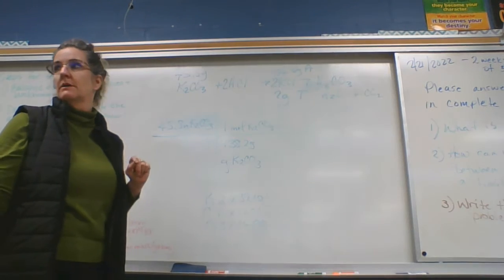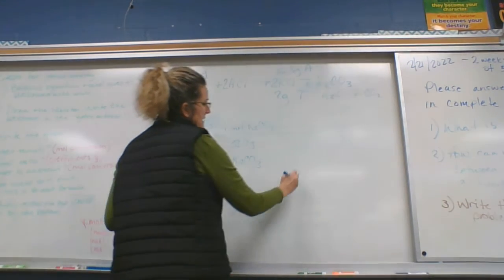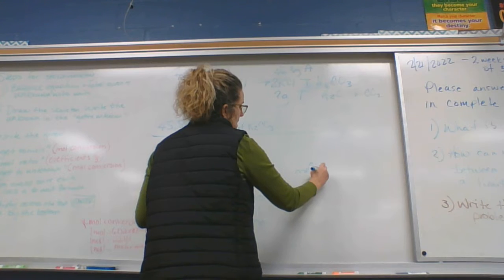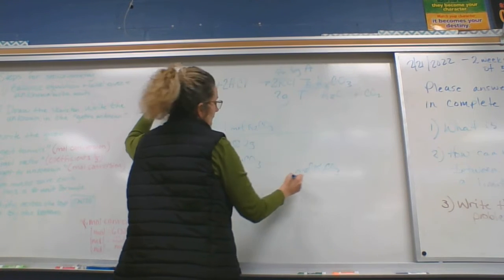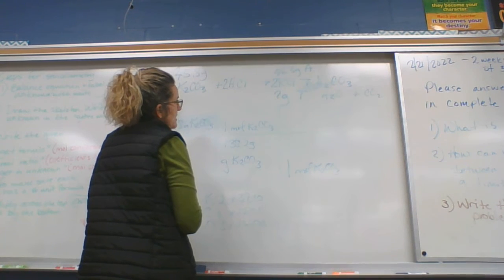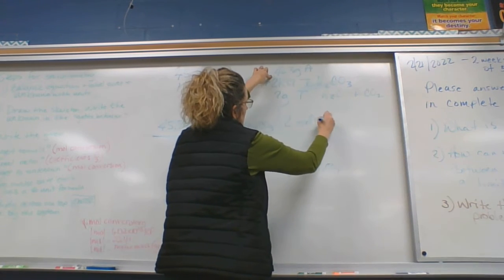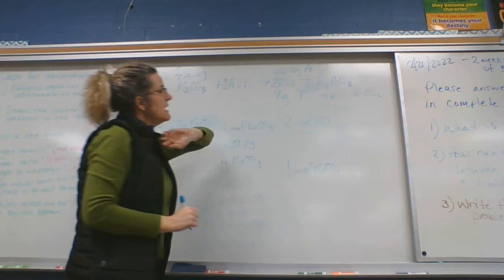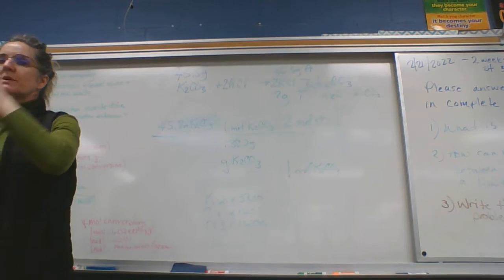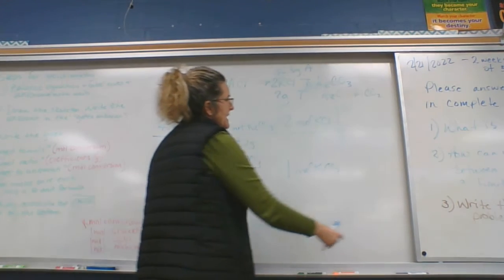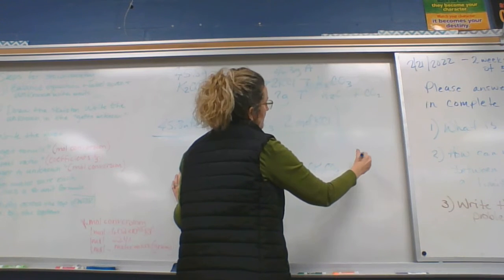Second step is what? Mole ratio. So the words on the top are the words on the bottom. So K2CO3, we go to our balanced equation. There's 1 mole of K2CO3 for every 2 moles of KCl. Right? Now we got one more step. First step, get to moles. Second step, mole ratio. Third step is get back to grams.